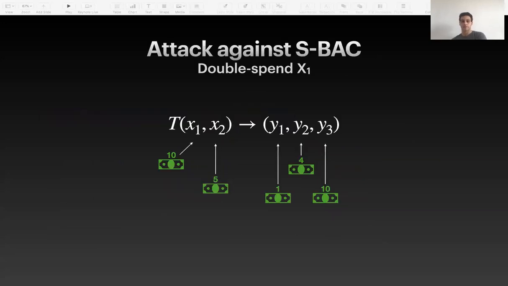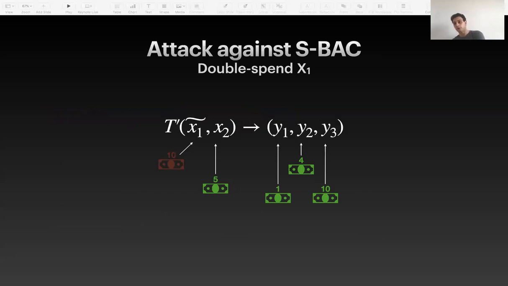So here is an example transaction T, which has 2 input objects. Let's say that there are coins, one holding 10 coins and one holding 5 coins, and it creates output objects of equal amounts. Now the attacker first creates a fake transaction, T prime, which is doomed to fail. It contains x1 tilde as input, which is an object that does not exist on shard 1.